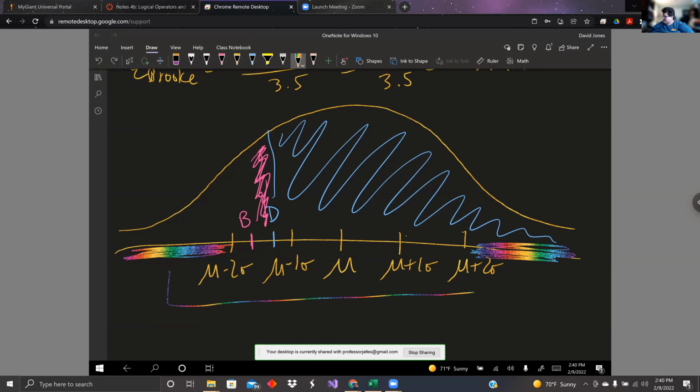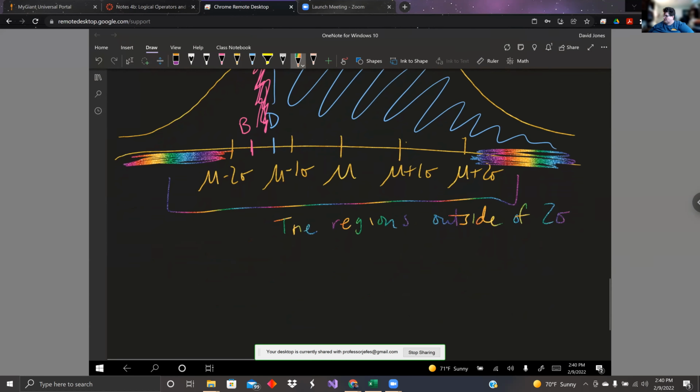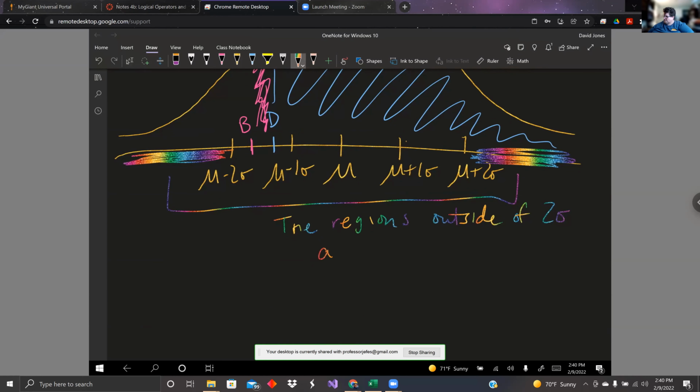These regions, the regions outside of 2 sigma, are the outlier zone. That's not a technical stats name. That's me putting my spin on the name.